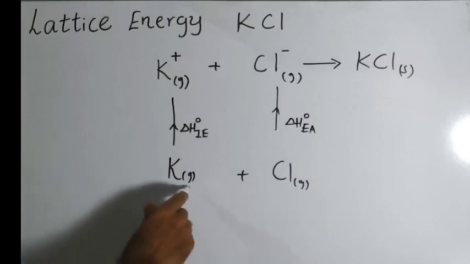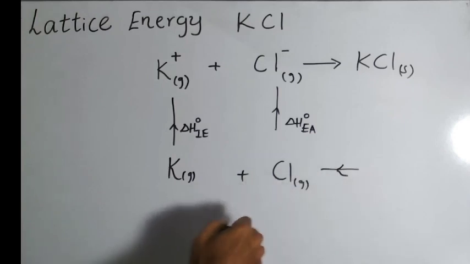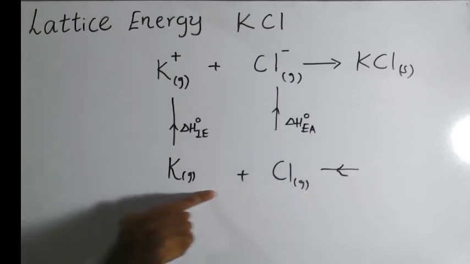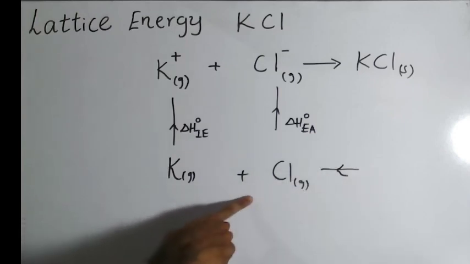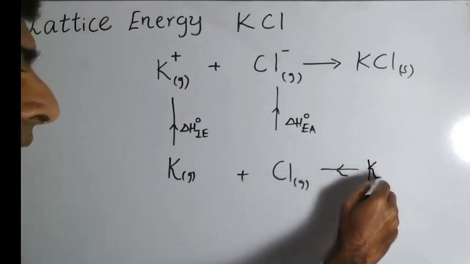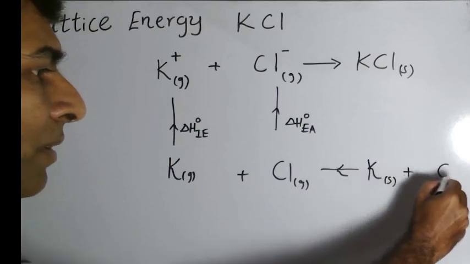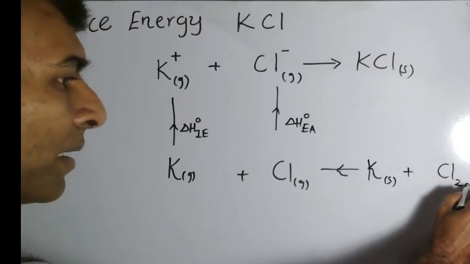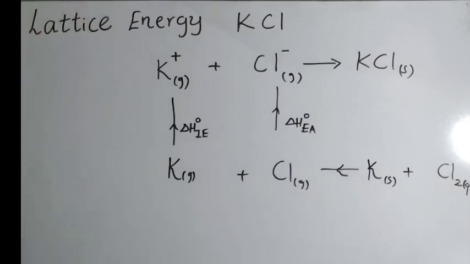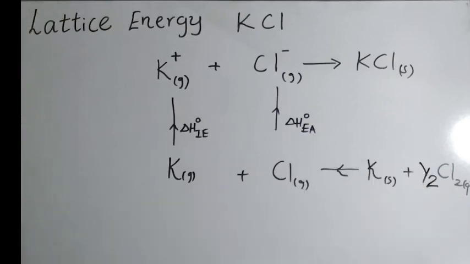Then we have to look at how we obtain the atoms. These are not stable in normal condition. So we have to go to the stable form: the stable form of potassium is solid potassium, and the stable form of chlorine is the gaseous chlorine molecule. Then we can balance this chlorine by putting half.